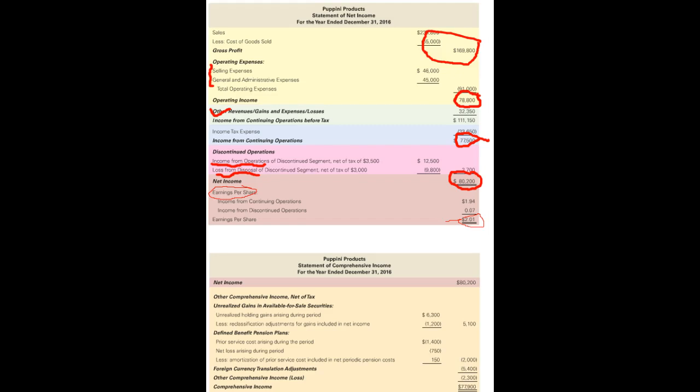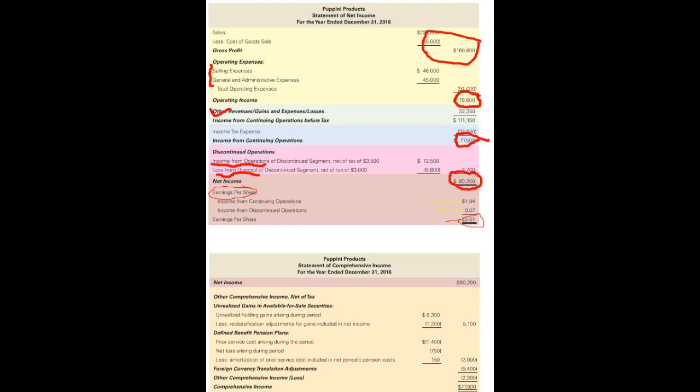When we have discontinued operations, then we do actually have to separate and give a little bit more detail. So we provide the income from continuing operations, and that is the number after tax, the 111,150, and divide that by the number of shares. Then we take the discontinued amount, 2,700, divide that by the number of shares. That way we can see the actual significance of discontinuing that operation.